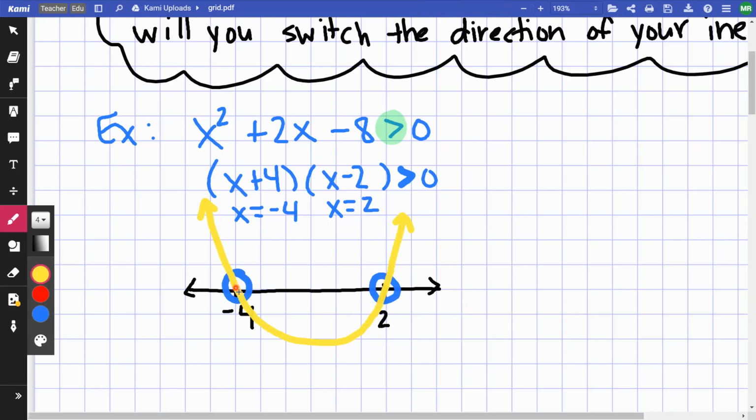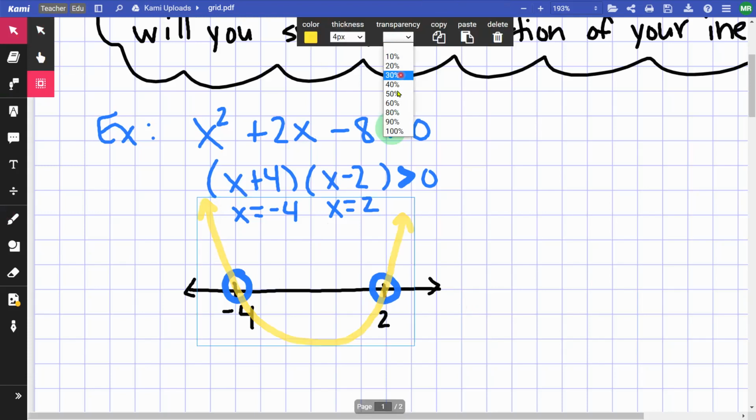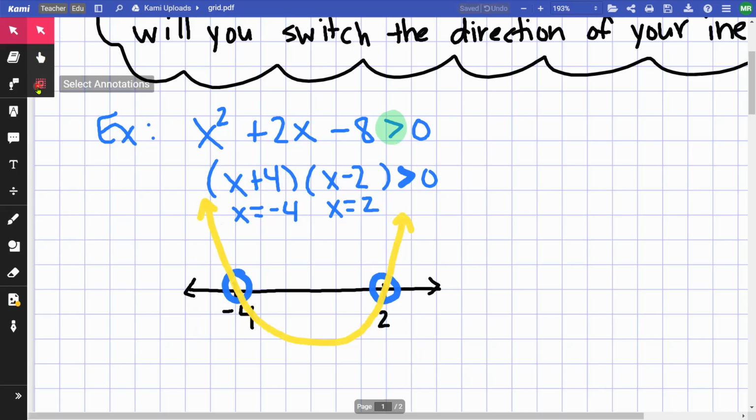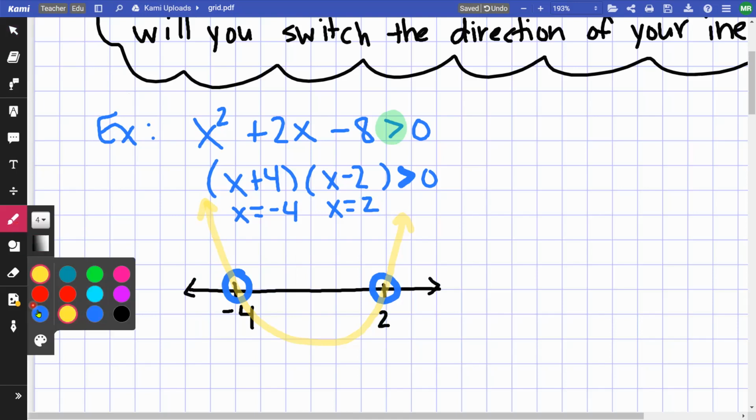So what I'm trying to do here is, again, I want to know this is where it is 0, this is where it is 0.